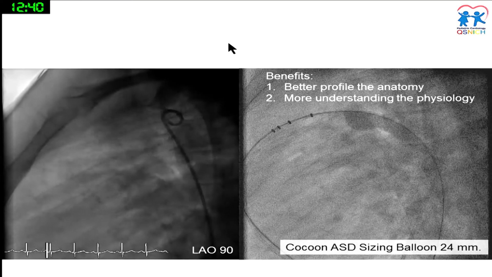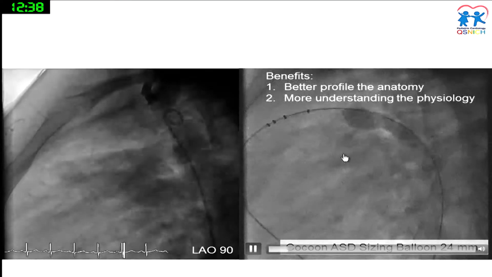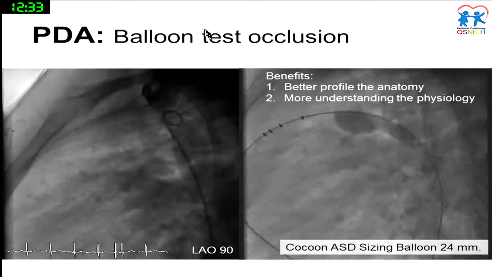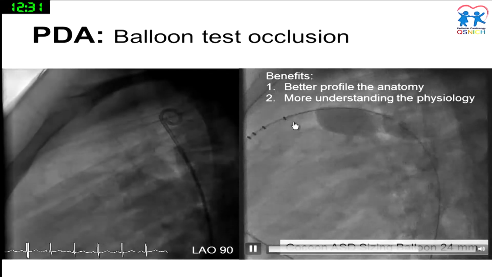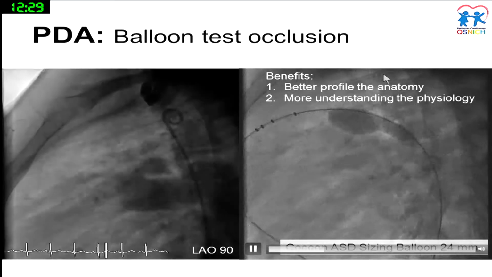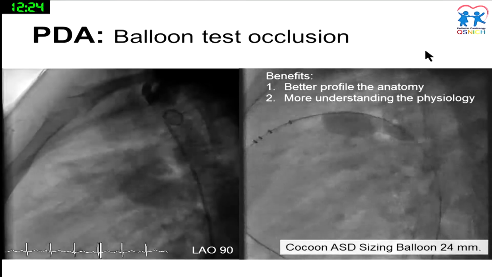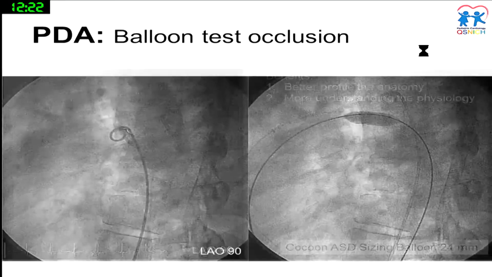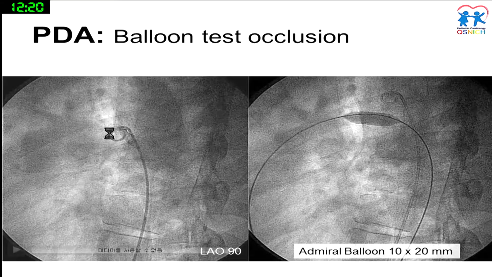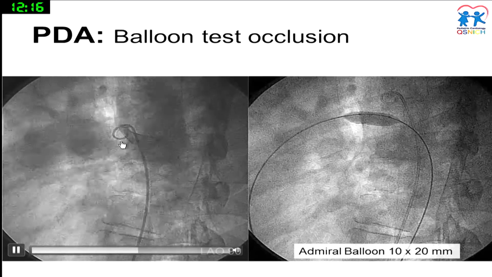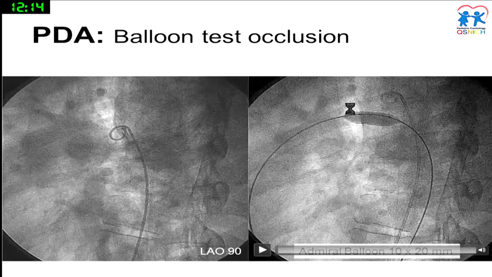The benefit is that you can get a better profile of the anatomy. You have more understanding of the physiology as well, because you can measure the pressure on the pulmonary artery side before and after balloon occlusion, in order to decide whether this is closable or not. Sometimes with this kind of very confusing anatomy, the balloon helps.